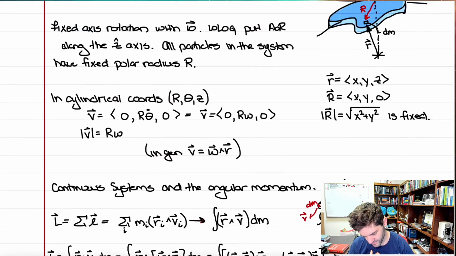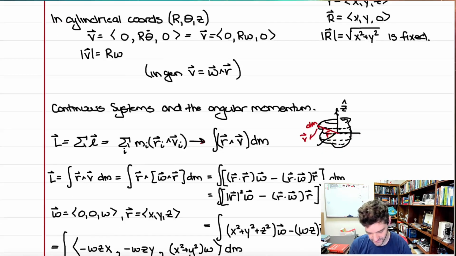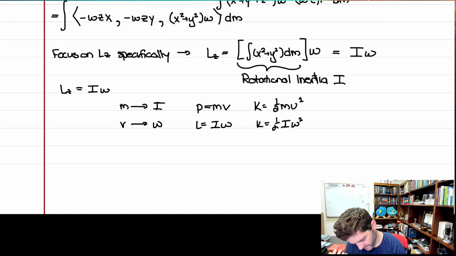But scrolling up, x squared plus y squared is really just the polar radius, capital R. So I could also write I omega, where I is the integral of polar coordinate r squared dm.